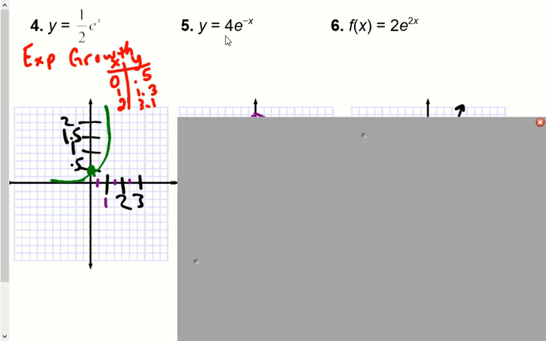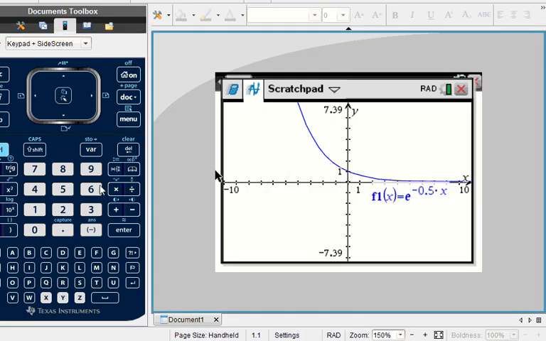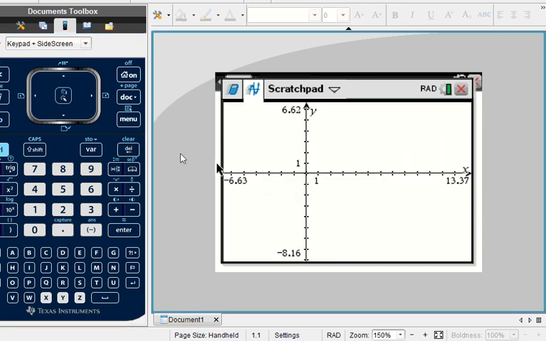All right, looking at number 5 here, y equals 4e to the negative x. That negative x tells me I have an exponential decay. We'll go ahead and get the calculator and plug that in. Oh my goodness, it's going crazy.